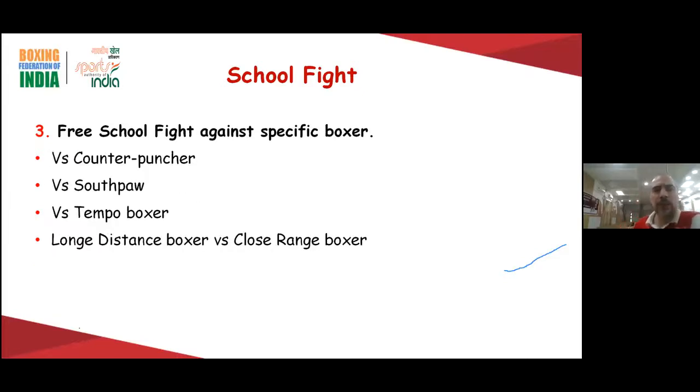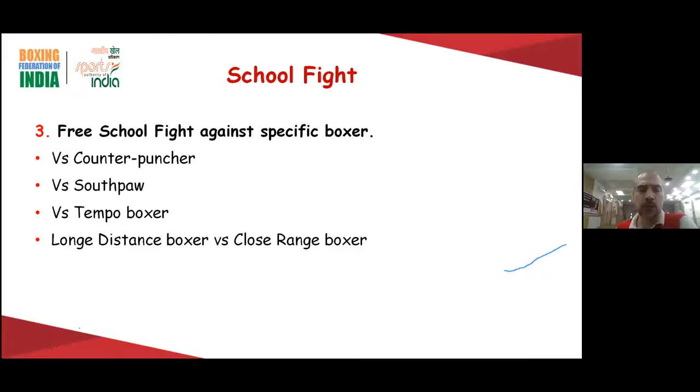And another type of school fight is when you work against a specific boxer. So one boxer will be a counter puncher. So my opponent is a counter puncher, and I have free work. I decide if I want to go offensive, if I also want to try to counter the counter puncher, etc. Or one is southpaw, as we already said, the other one stays normal stance.